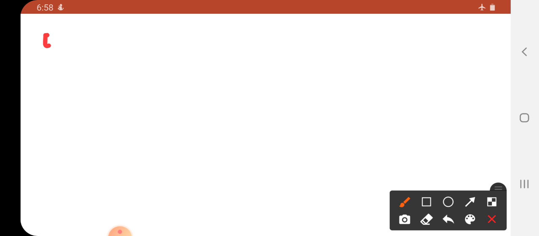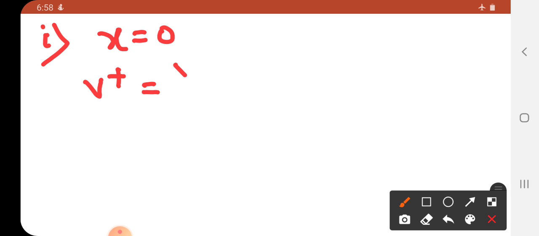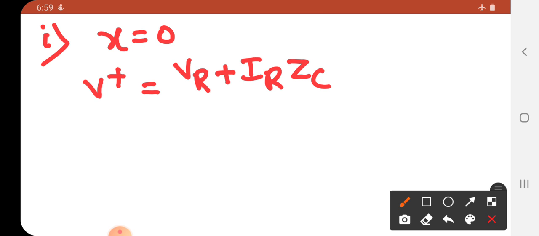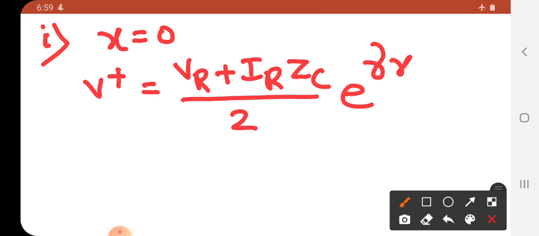Next, first what he asked? He asked to find the incident voltage to neutral at receiving end. At receiving end in the sense X is equal to 0. Then what is the equation for incident voltage? V plus is equal to VR plus IR ZC by 2 into e power gamma x.